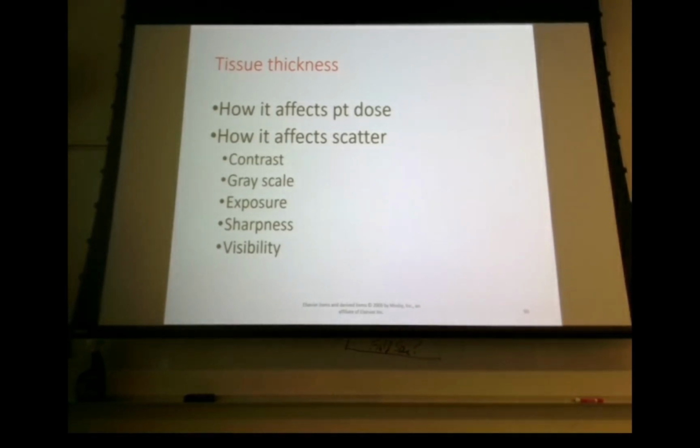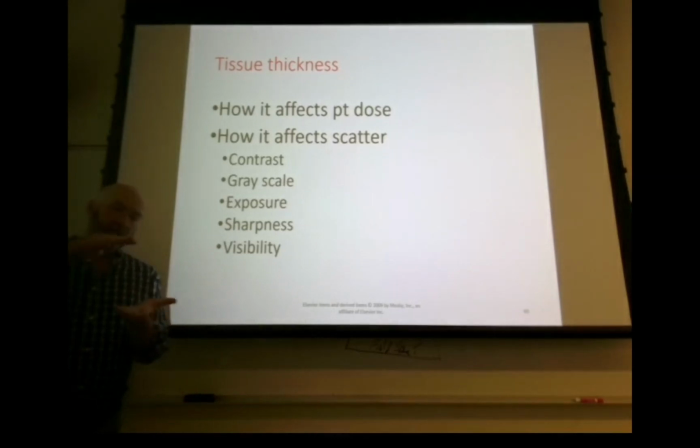Your kidneys, for example, are about 1/3 of the way through your body, right? So let's say you've got somebody whose ASIS to tabletop measurement is 10 inches. How close are their kidneys to the image receptor? About 3 inches tops, right?